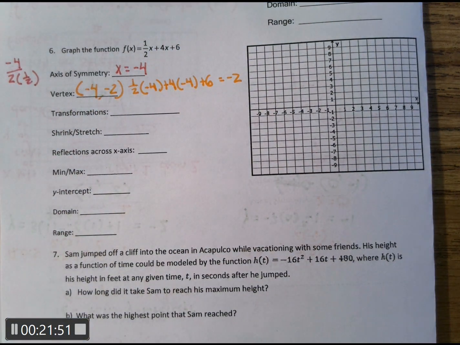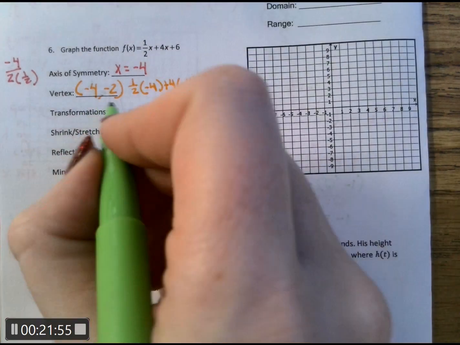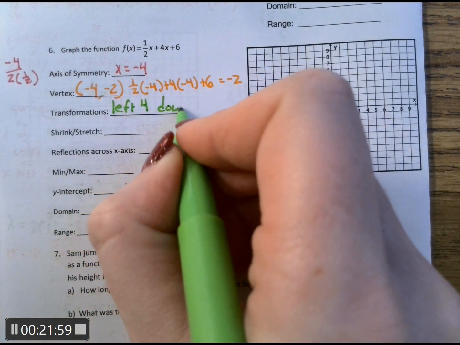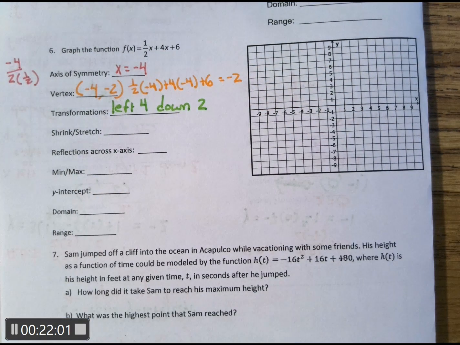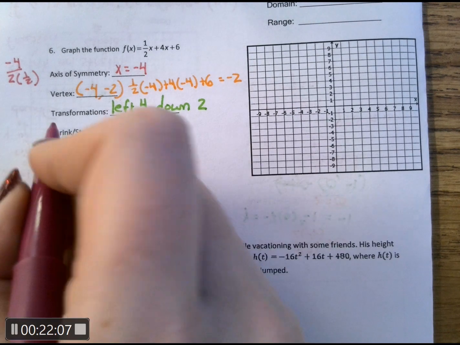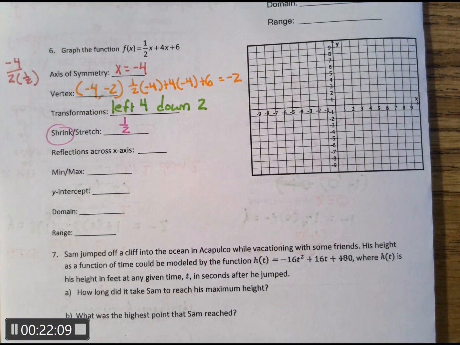Transformations, we are going to go to the left 4 and down 2. We got that from our vertex. Our a is 1/2, so that's going to be a shrink. Do we have a reflection across the x-axis?